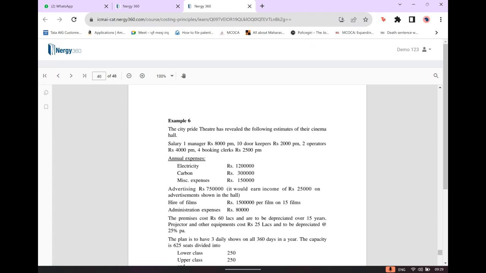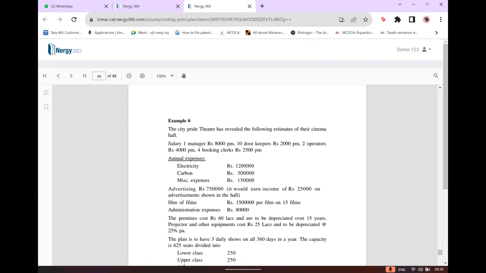So 7,50,000 minus 25,000. Hire of film, 15 lakh per film on 15 films. So it will be 15 lakh into 15. Administrative expenses 80,000.